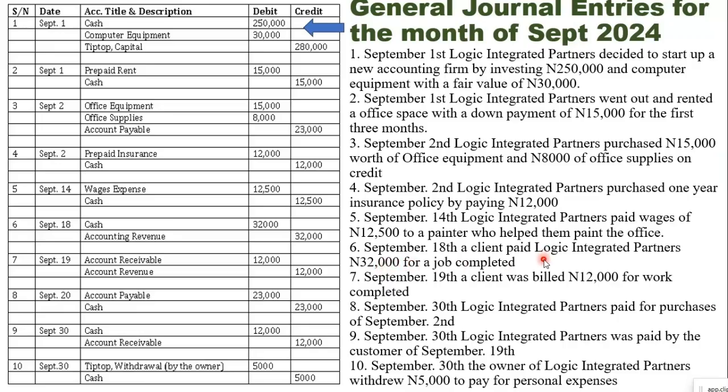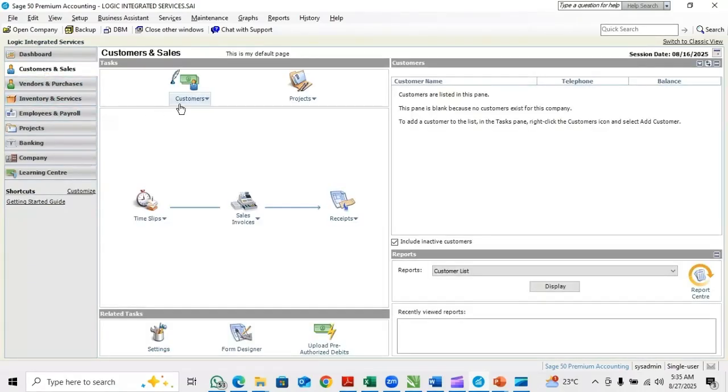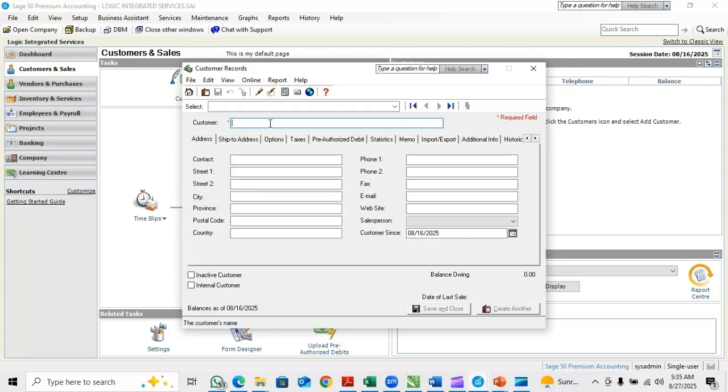A client paid Logic Integrated Partners 32,000 for a job completed. So here we debit the cash and credit the accounting revenue. This is a customer transaction, so we go to customer and sales and create a customer. Let's assume that the name of that customer is SAP Services.